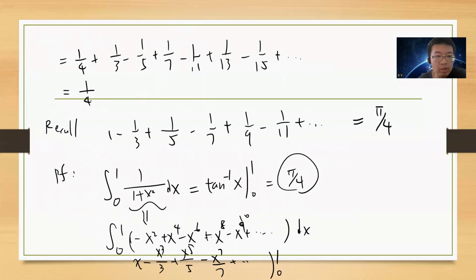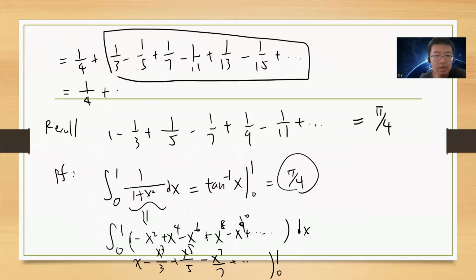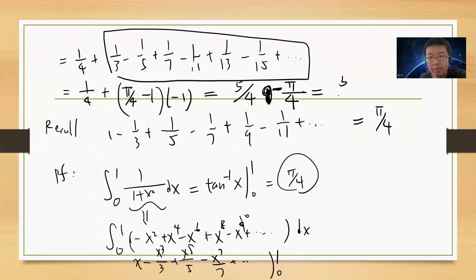So the answer is 1 divided by 4 plus the series minus 1, which is pi over 4 minus 1, with a minus sign here. So my answer is 5 divided by 4 minus pi divided by 4.